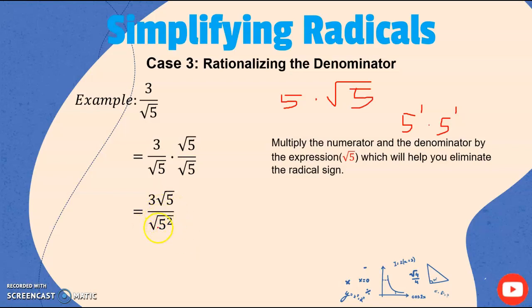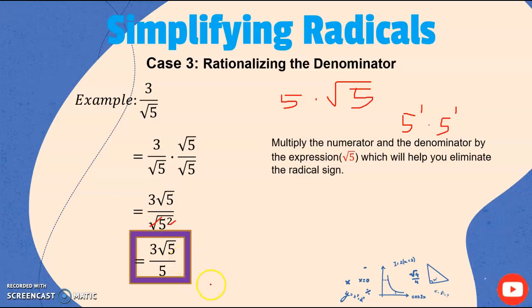Now take note that we have to apply a law of radicals. What law is it? It's law number 1. What does law number 1 say? It says that if the root and power are the same, then it's equal to the base only. So it's just going to be cancelled. The answer is 3 square root of 5 all over 5.